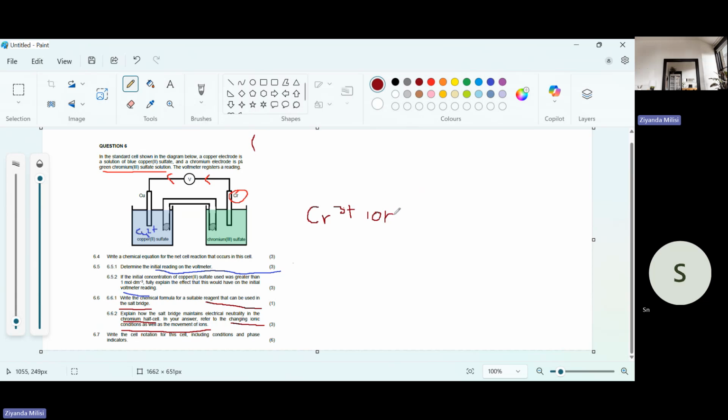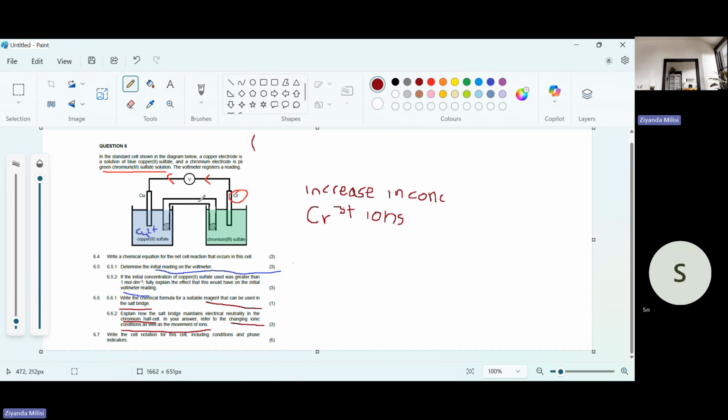Please write that one. That is the first one: increase in concentration of Cr3 plus ions. Then, what happens when the concentration of Cr3 plus ions here increases?